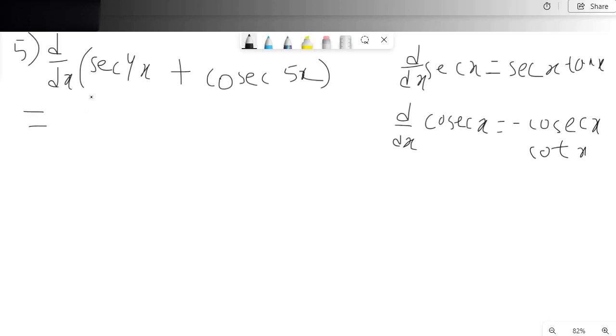So differentiating, we get sec 4x multiplied with tan 4x and then multiplied with the derivative of 4x.